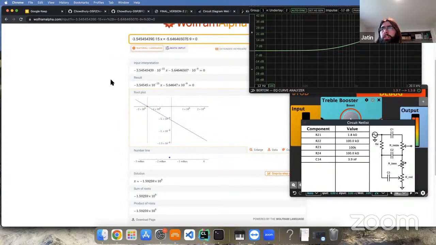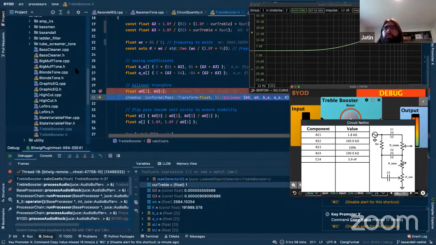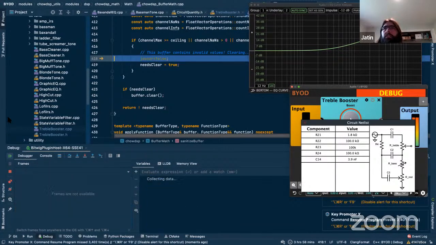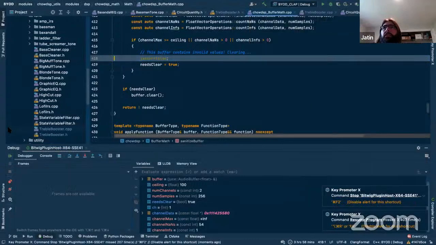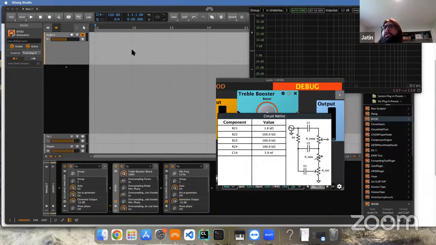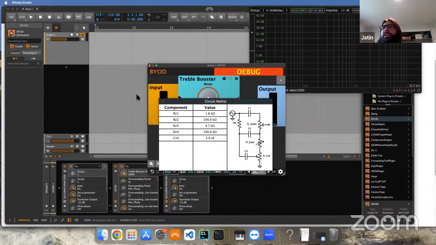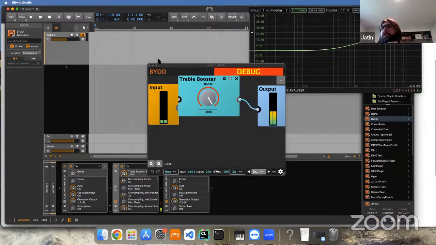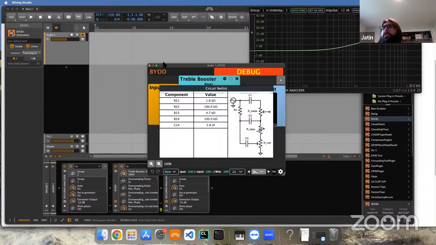So let me try this. This is just going to scream at me until I fix it. So let's just go back here and get out of the way. Deactivate, reactivate. See if we can get something real out of this thing again.